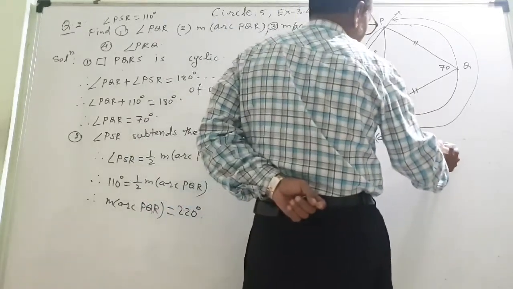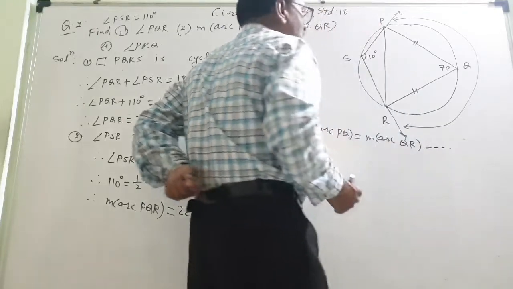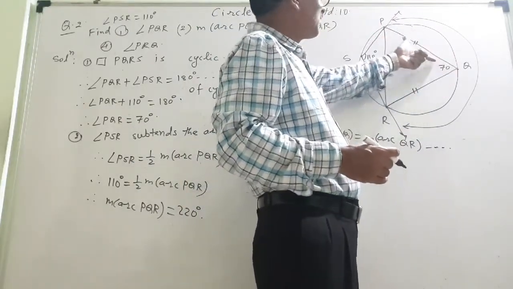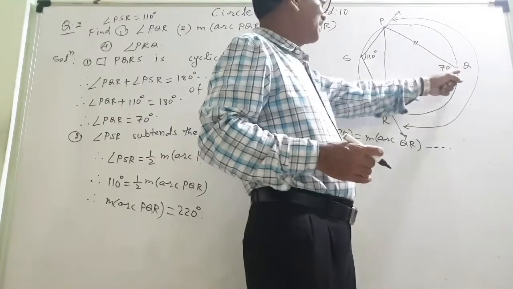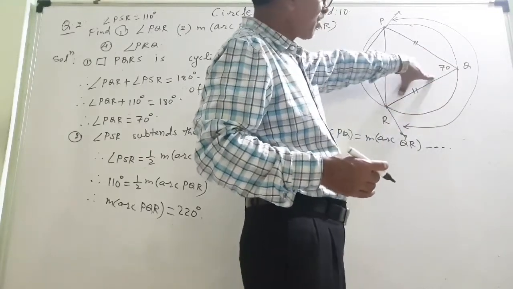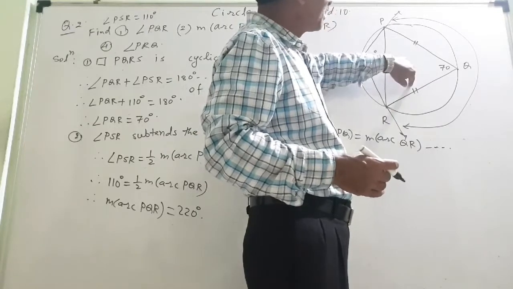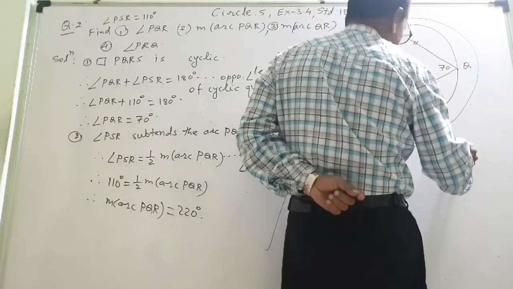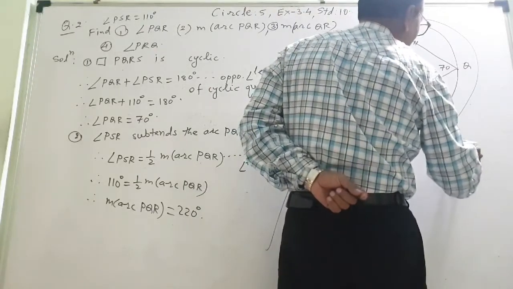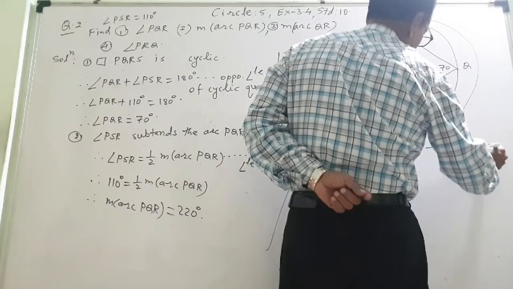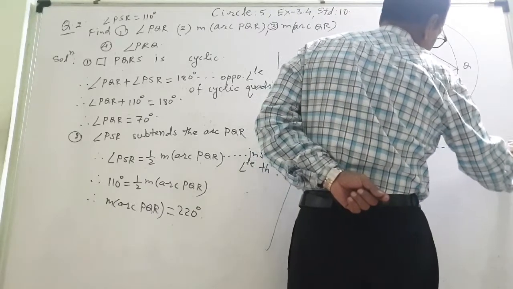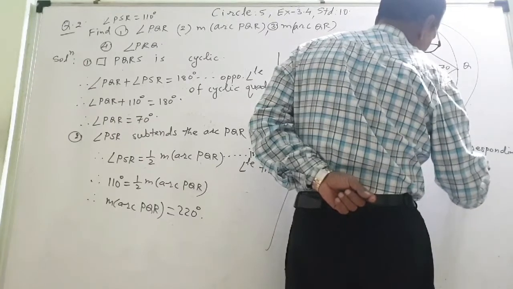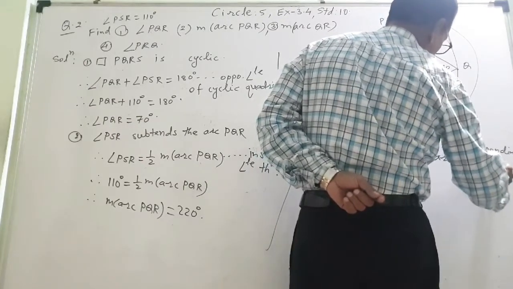Why? Reason, because this arc belongs to this chord. This arc is because of this chord. But these two chords are equal. That means these arcs are also equal. So, corresponding arcs of congruent chords.